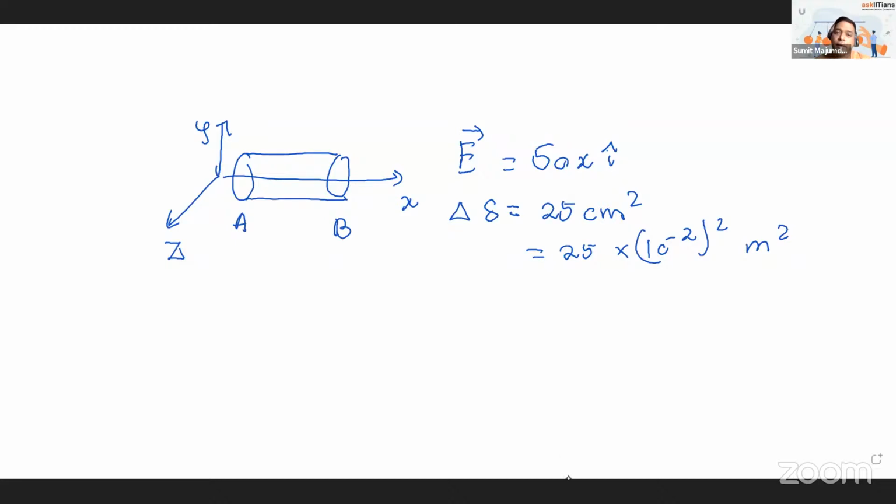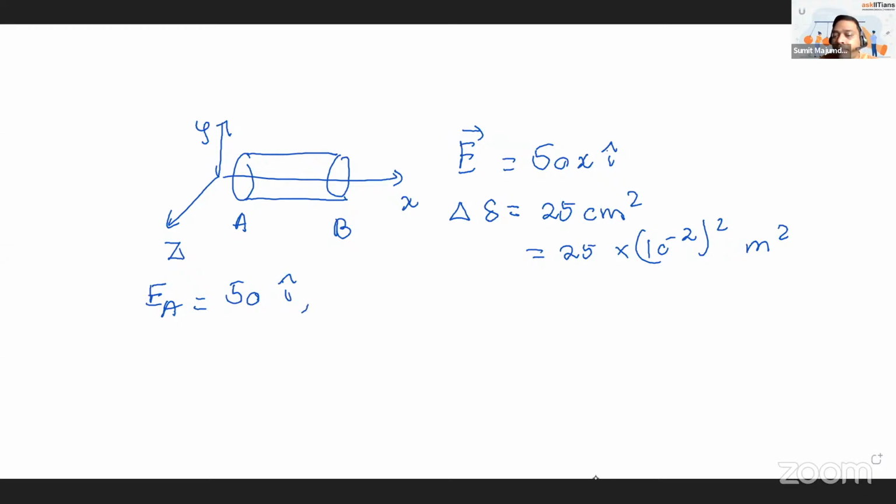Now, let's try to find out the value of the electric flux. First of all, what is the expression that we are given? 50x. A is at a distance of 1 meter, right? Since A is at a distance of 1 meter, the electric field at the point A is going to be equal to 50 i, right?